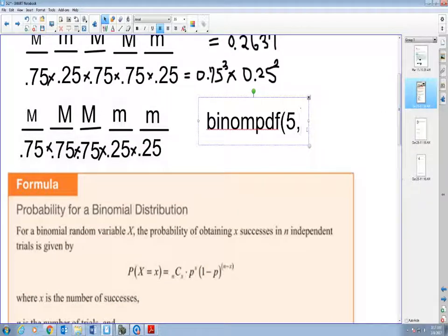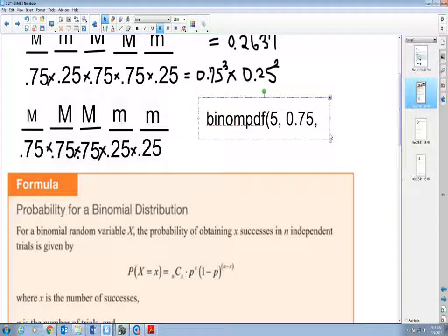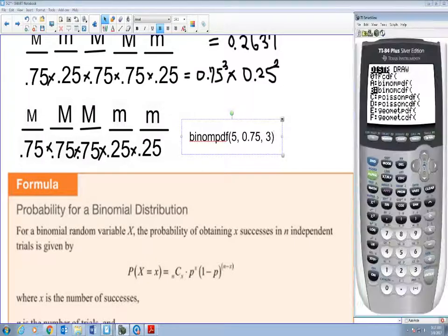The probability of me making a shot is 0.75, comma, X, the number of successes. I want to make 3 shots. So we select PDF, number of trials is 5, comma, probability of success 0.75, comma, 3. There you go. Same answer, 0.2637.